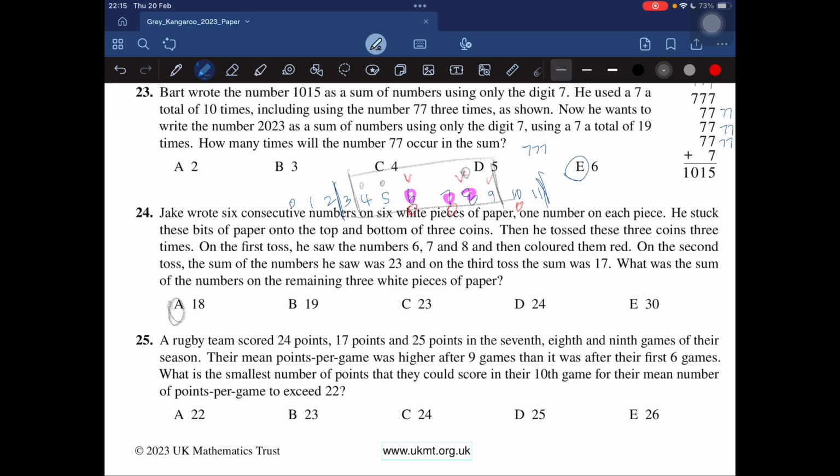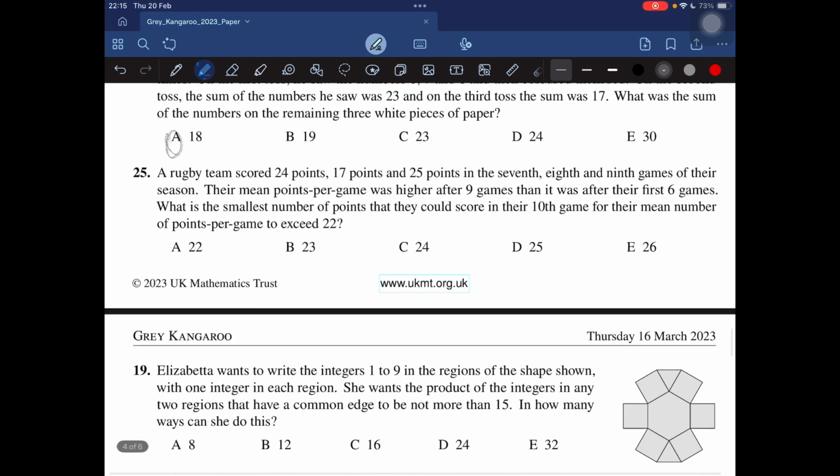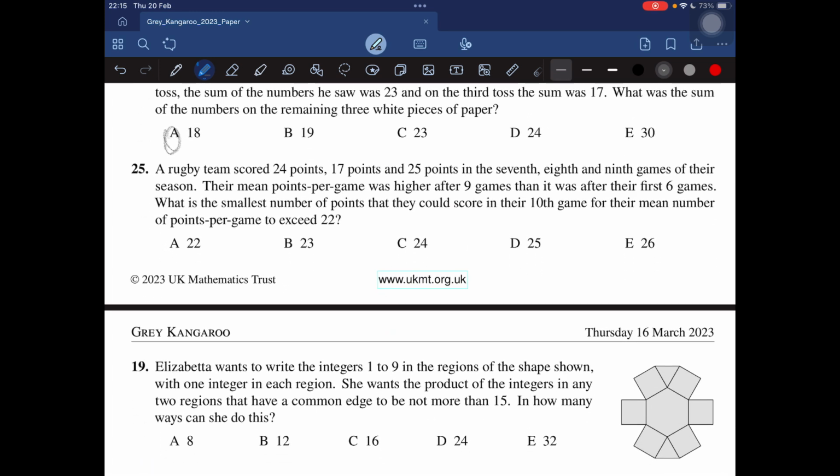Number 25. Rugby team scored 24 points, 17, 25 in the 7th, 8th, 9th games. Then mean points per game after 9 games was higher than after their first 6 games. Okay.